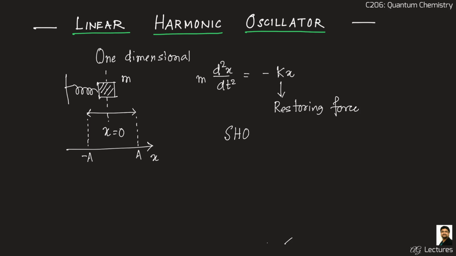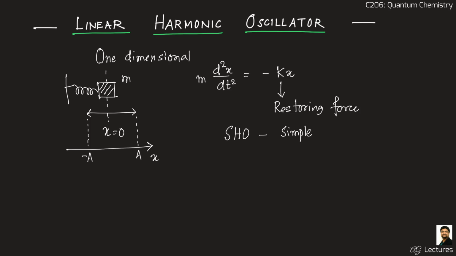There are many books where this linear harmonic oscillator is also termed simple harmonic oscillator. Simple because we are only considering the restoring force and no friction or any other damping force, which makes the whole calculation much more complicated. So this is a simple linear harmonic oscillator, and we'll see what happens in the classical case first.